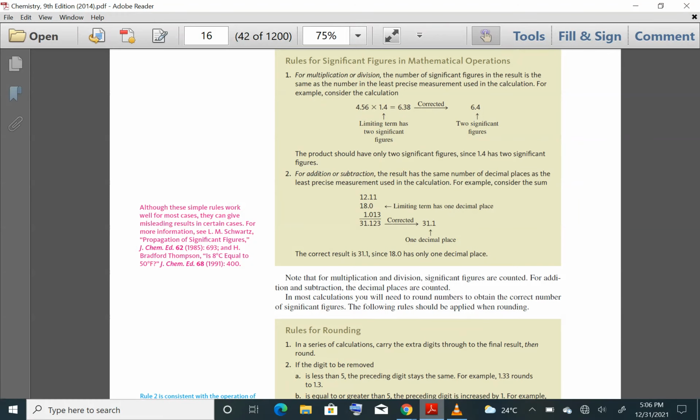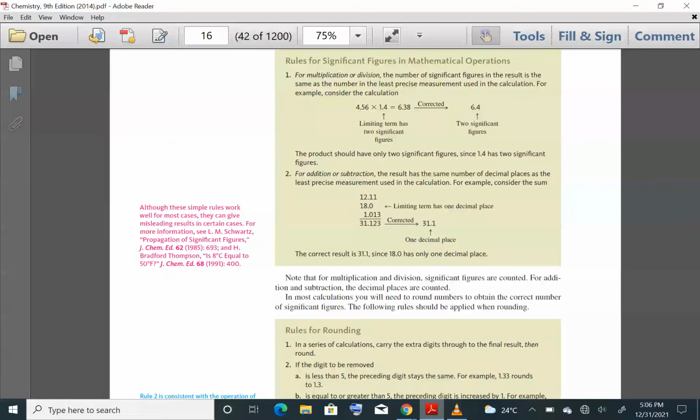Because it's got two significant figures, whereas the other one has got three significant figures. Therefore, we know that after finding our answer, 6.38, it has to be corrected to what? To two significant figures. So that's why we're writing 6.4 there, right? That's really how we go about it.